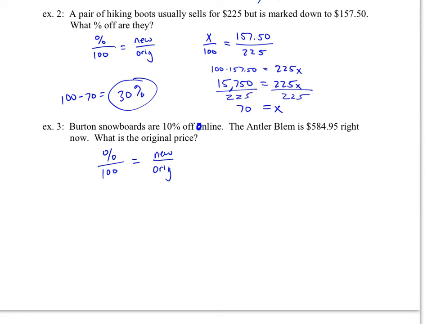Okay? This 584.95 is how much you're paying. So you're paying 90%, so we have 90 over 100 because we did 100 minus 10 equals 90. That's how much we're paying. Equals, is the 584.95 my new price or my original price? New. It's the new price.